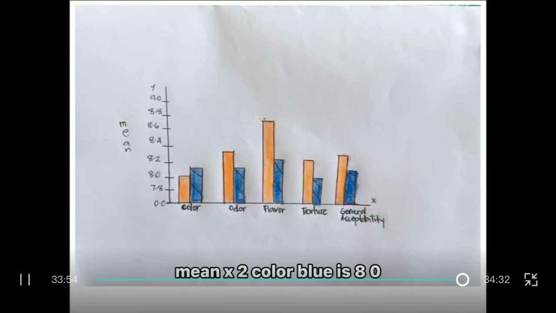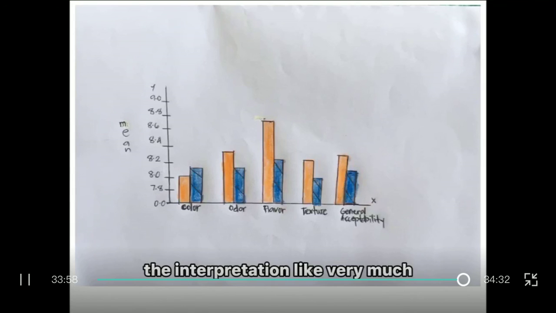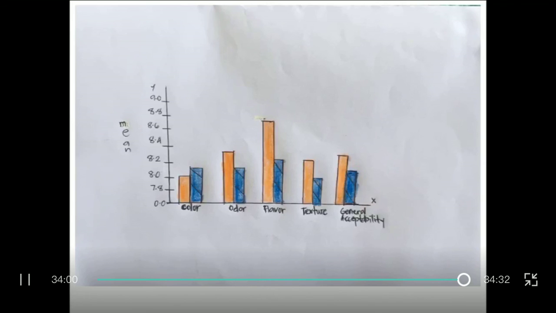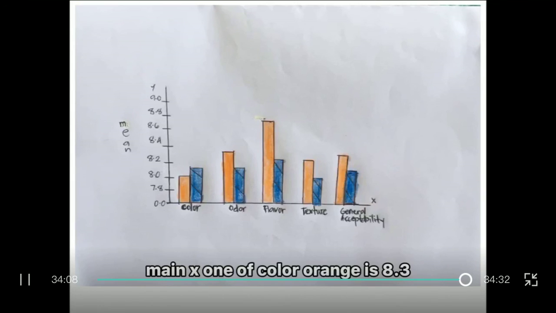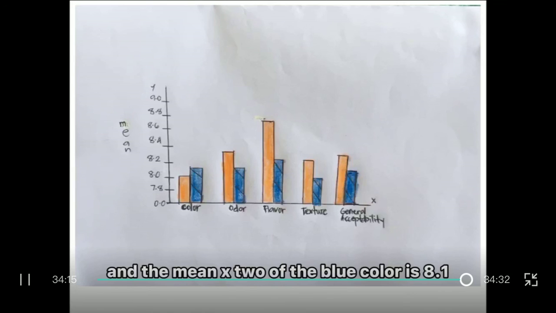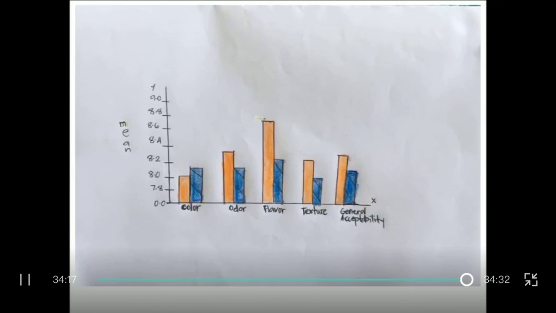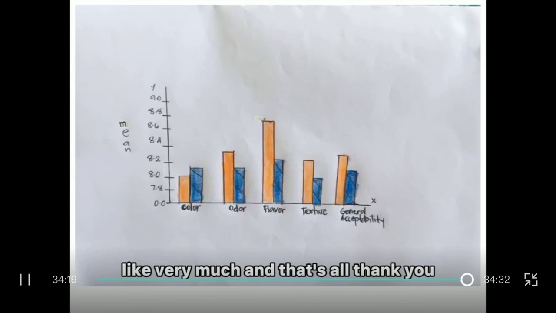Mean X2 color blue is 8.0, interpretation like very much. And the last is general acceptability. Mean X1 of color orange is 8.3, interpretation like very much, and the mean X2 of the blue color is 8.1, like very much. And that's all. Thank you.